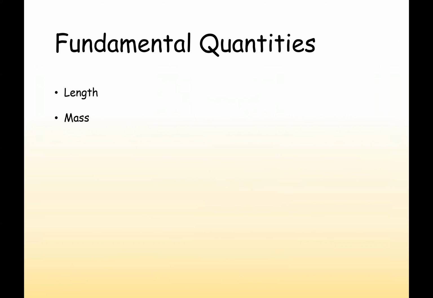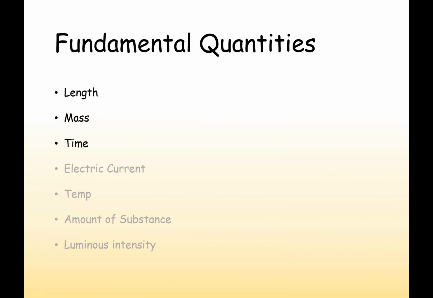You might be looking at mass to see how heavy something's going to be. Time, we measure time in minutes, hours, seconds, all the time throughout the day. We're always measuring time. Now, other fundamental quantities that we won't be looking at in A-level maths are electric current, temperature, amount of substance, and luminous intensity.